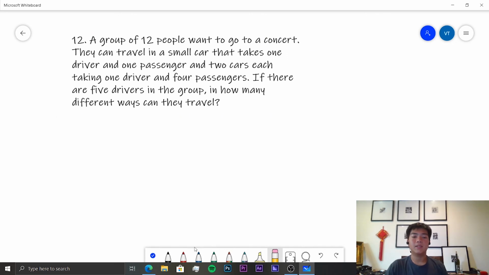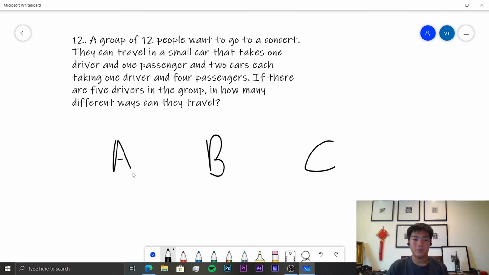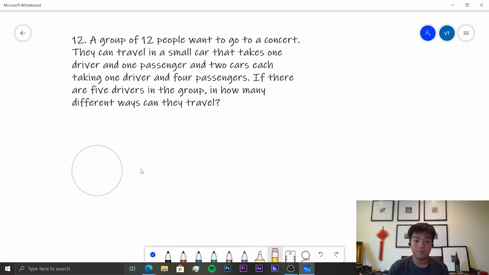So to pick the driver, order does matter in this case for the simple reason that it actually matters which car they're driving, since that would be a different way of traveling. Even if you have the same 3 drivers, if they're driving different cars, then that would be a different method of travel. So we would have 5 choose 3.